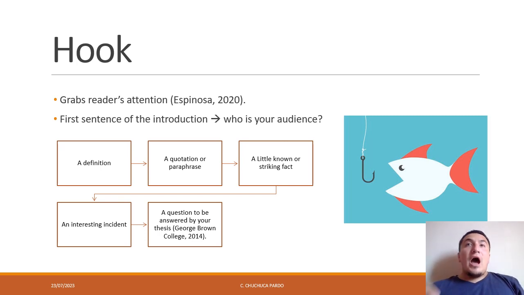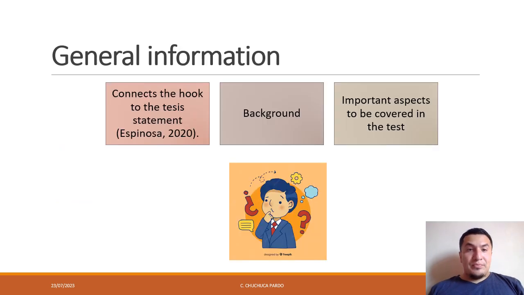Instead, a definition made by you, okay? The general information connects the hook to the thesis statement. It has to give the reader some background about the topic, and important aspects have to be mentioned in order to be covered in the essay.